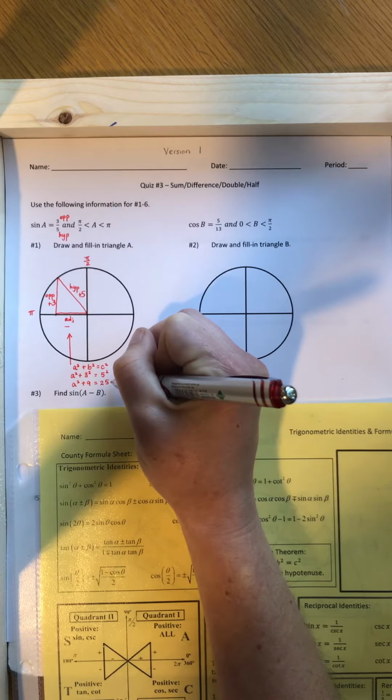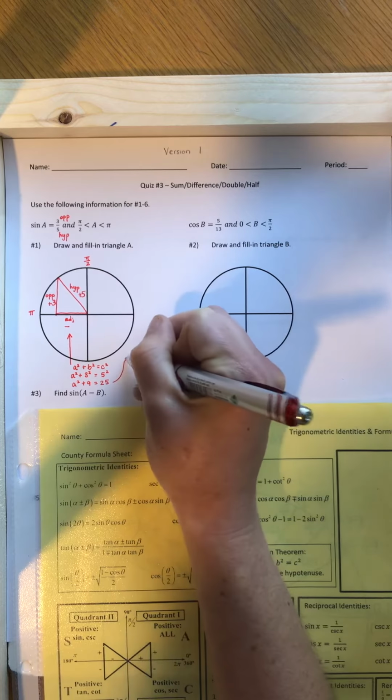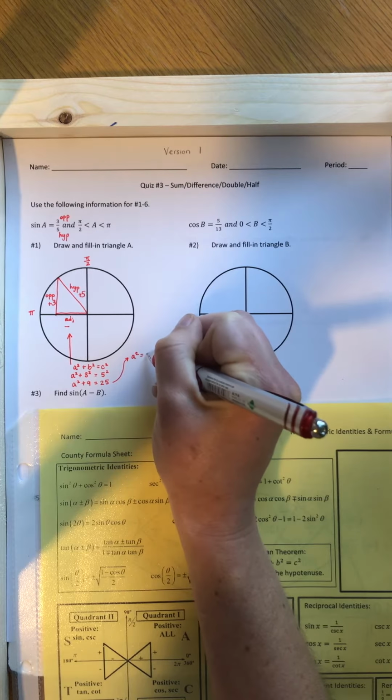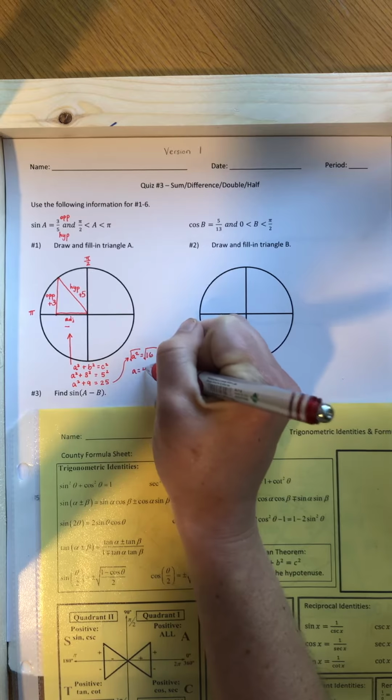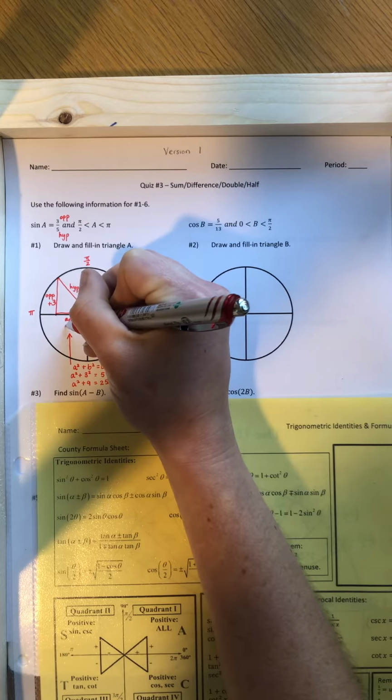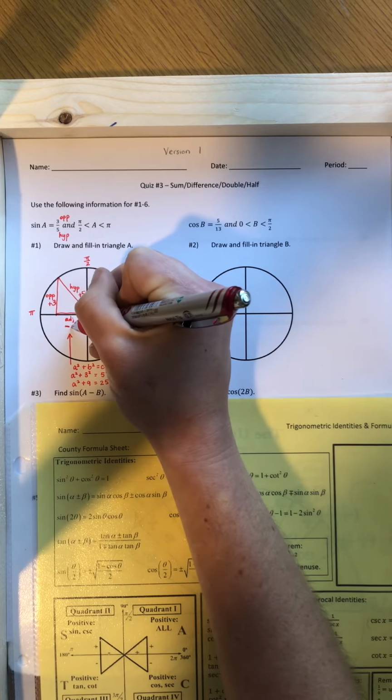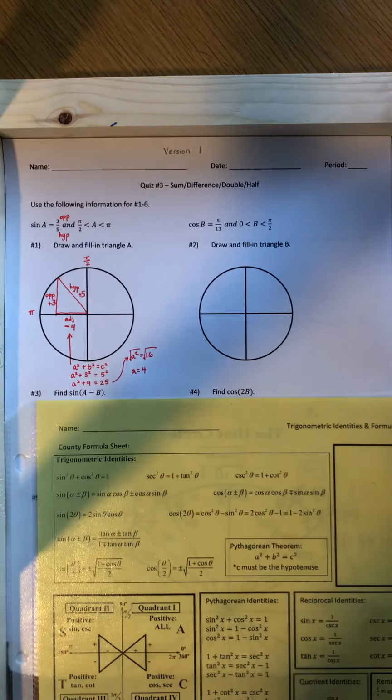I would subtract 9 from both sides, and you get a squared equals 16, and when you take the square root, that is 4. Don't forget that there's this little negative sign in front of your 4.